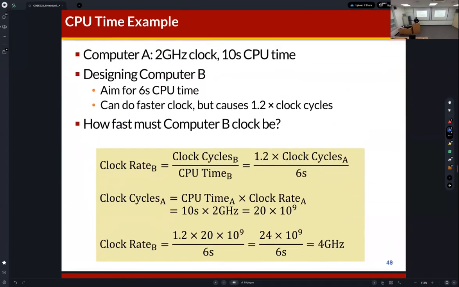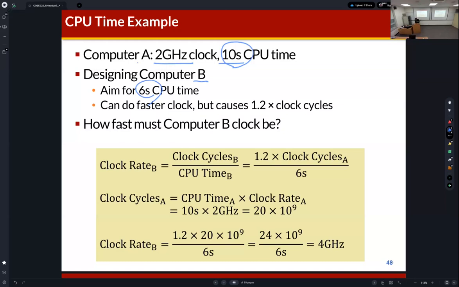Okay, so this is the example. Computer A uses a 2 gigahertz clock and 10 seconds of CPU time. You are requested to design a better computer, computer B. The goal is to reduce the CPU time to 6 seconds.